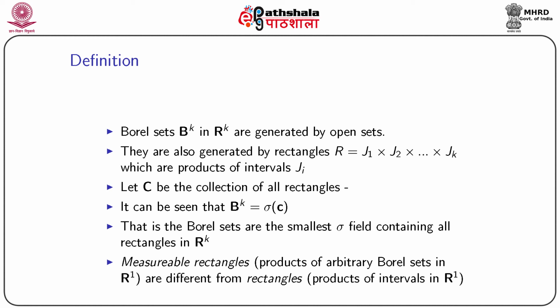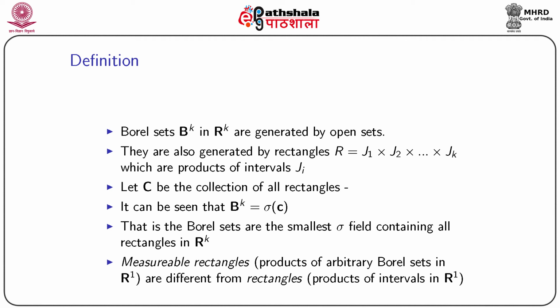We know that in the real line we have the Borel sets, which are generated by the open sets. So if I consider the k-dimensional Borel sets Bk in the k-dimensional real line Rk, then these Bk are generated by open sets.